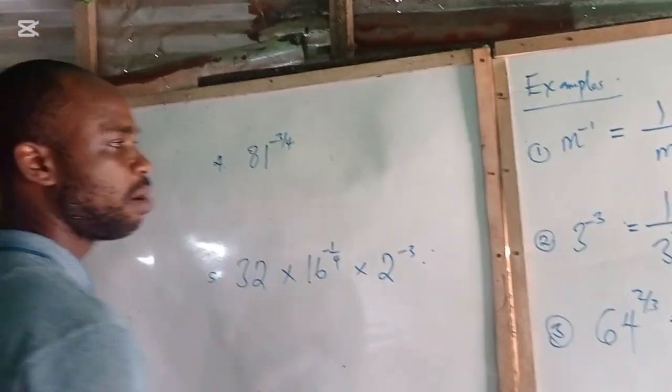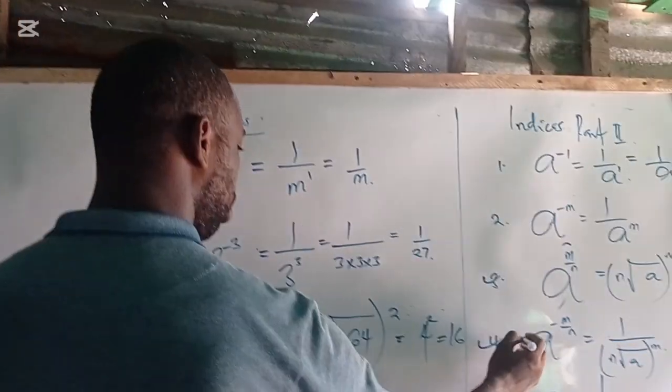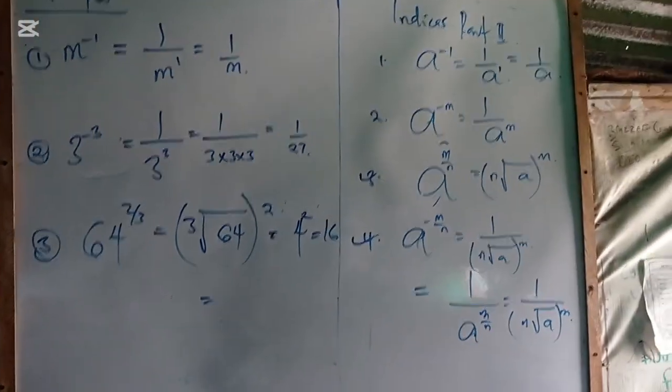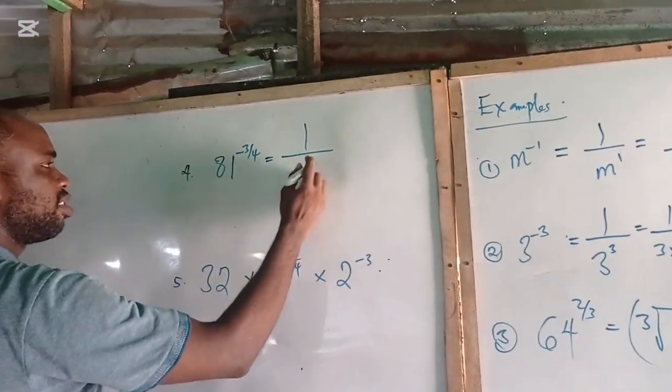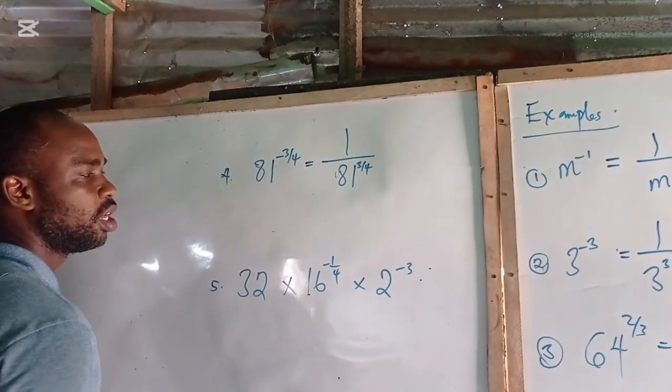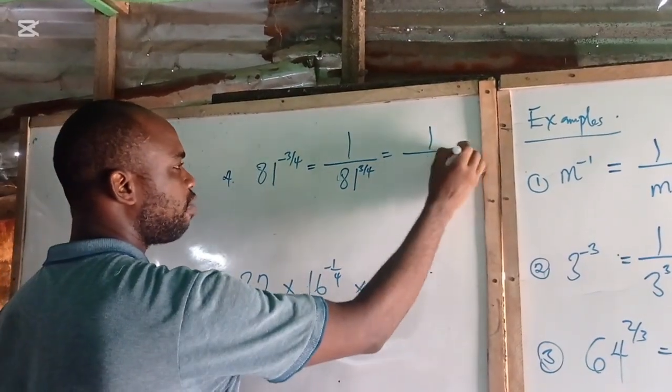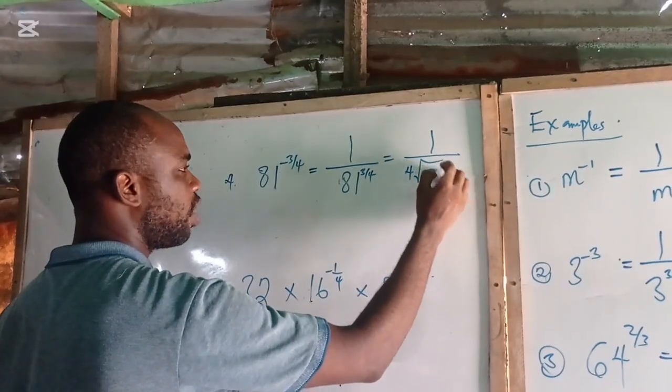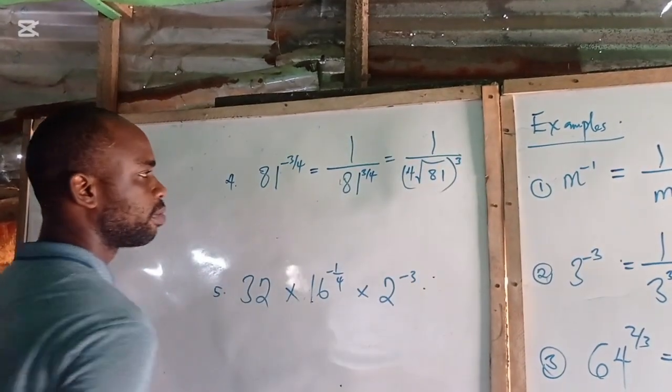Good. That takes us to example 4. Example 4 is also an extension of rule number 4. Remember, we remove the negative sign. So we have 1 over a to the power 3 over 4. Now, moving on, we have 1 over 4th root of 81 all to the power of 3.